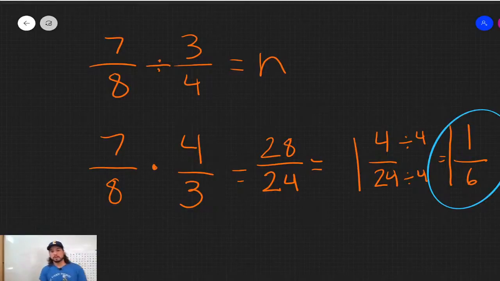So starting with your division equation, looking at your divisor, looking at that second fraction, the one that you're going to flip, the one to the right of the division sign, okay? Drawing out our fraction bar with that many pieces in the denominator, okay?